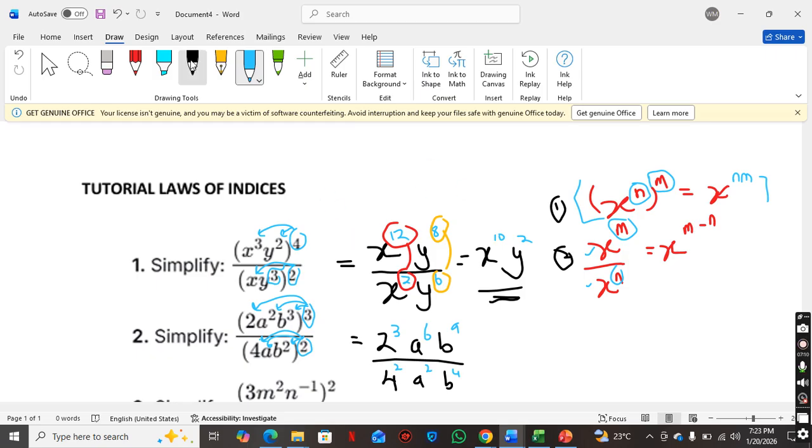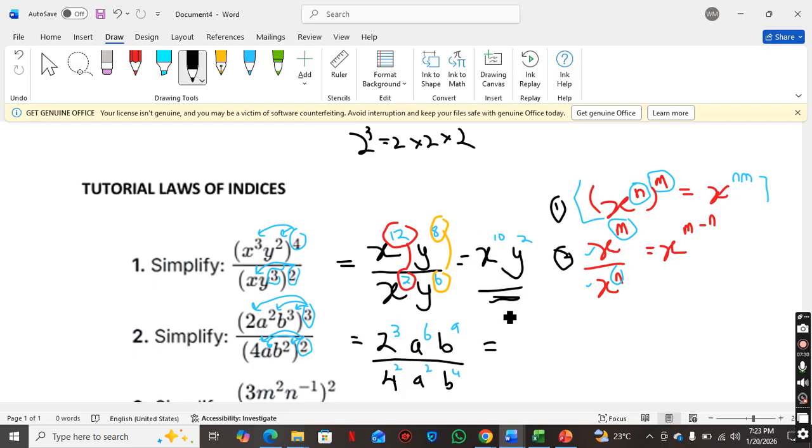Then we're going to apply the quotient rule. Or first, 2 to the power 3. Remember, 2 to the power 3 is just the same as saying 2 times 2 times 2.